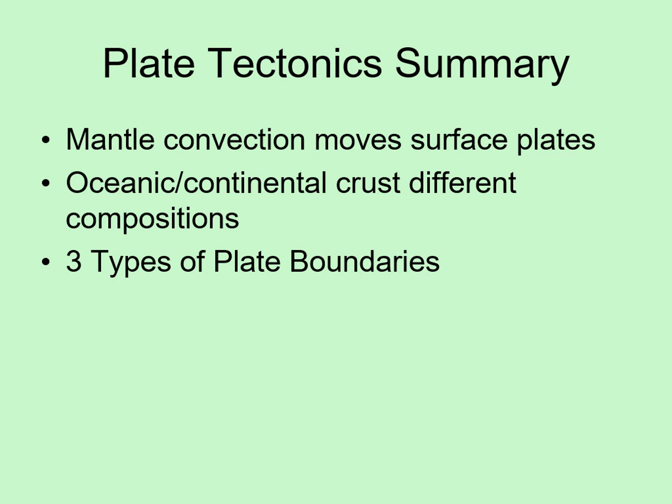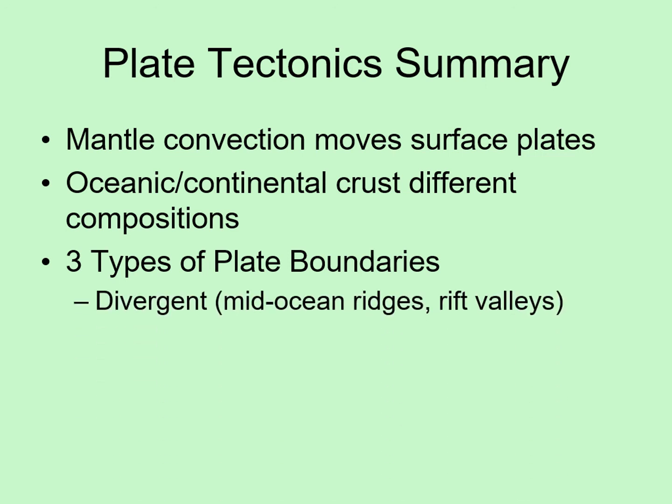There are three major classes of these. First, we have divergent boundaries where plates split apart and new ocean crust forms. These are mainly found in the oceans, and they produce mid-ocean ridges. Where we see this on land, we get rift valleys, though over time, rift valleys will turn into new oceans.